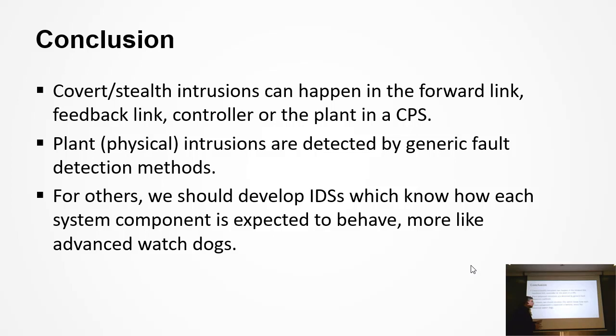So we have a less perfect solution: we leave detection to small components or small IDSs that were designed for each component individually, and if anything goes wrong, that component IDS will let us know, raise an alarm. It can be a watchdog or something that has been embedded into the system during the construction of that component and kicks in, or raises an alarm, whenever something goes wrong.